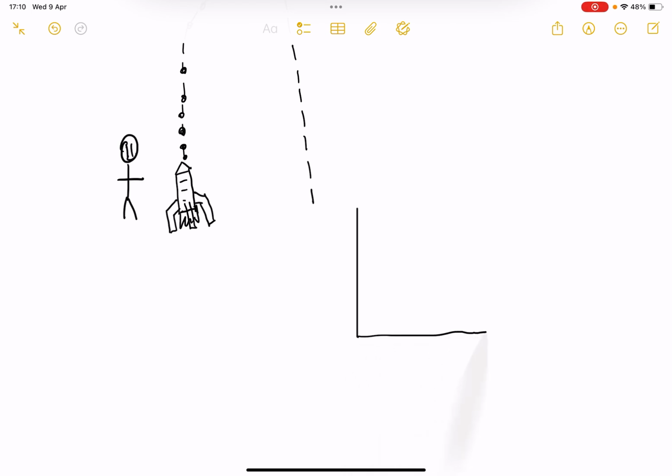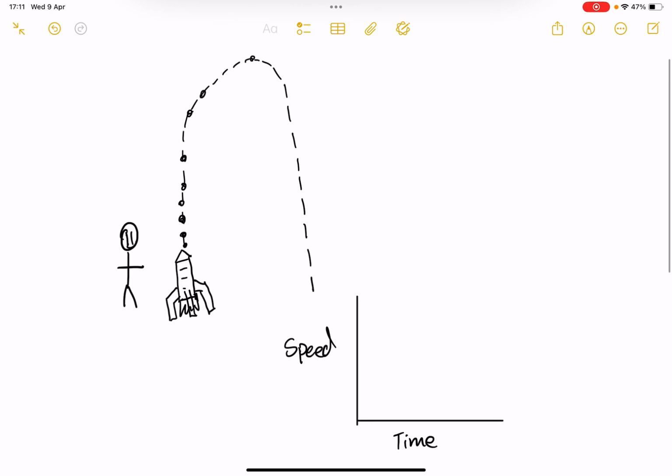the time. So as you create the table, you would have time on this axis, and you would do speed. So in the beginning, it starts off at no velocity, but as you launch it up for acceleration, it immediately gets higher. However, as time passes, once again the gravity force comes into play, slowing down the speed.